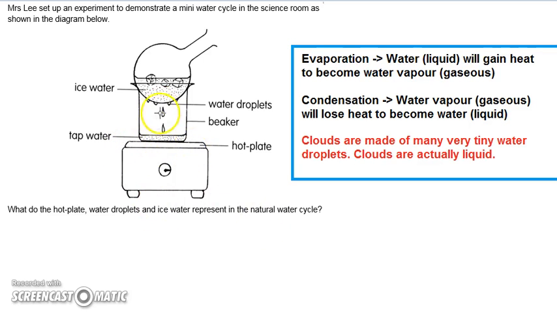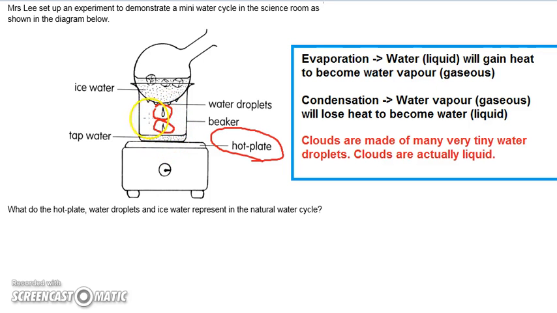So in a natural water cycle, what provides the heat? Okay, so knowing this is what provides the heat. So think of the natural water cycle and think about what provides the heat. These are the water droplets that fall back to the bottom.